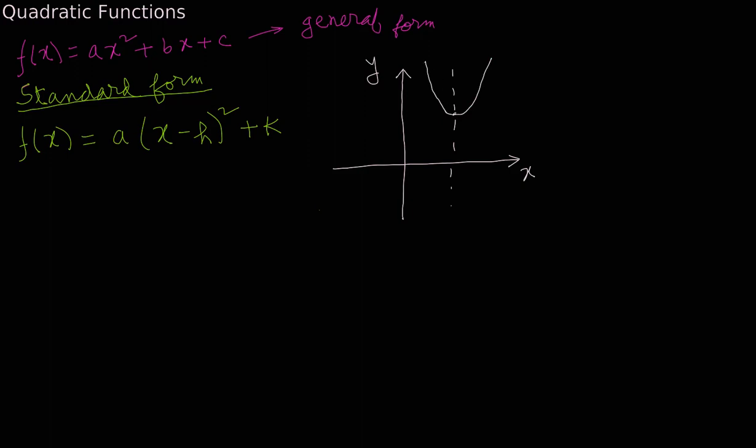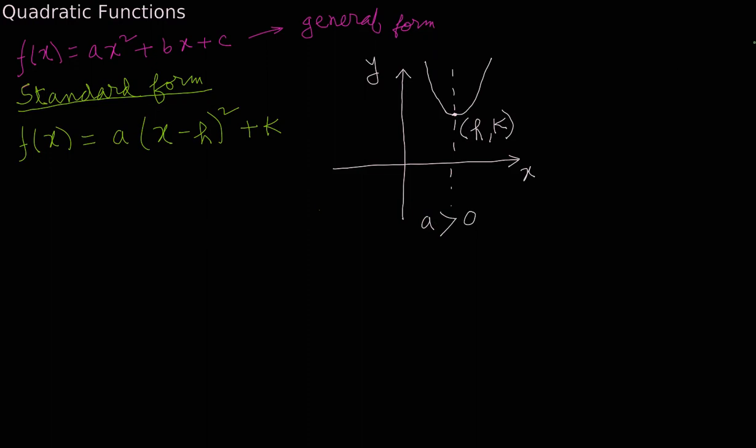This parabola is opening up, and the vertex here is (h, k). What's the criterion for opening up? If a is greater than 0, then the parabola opens up and the vertex is at (h, k).